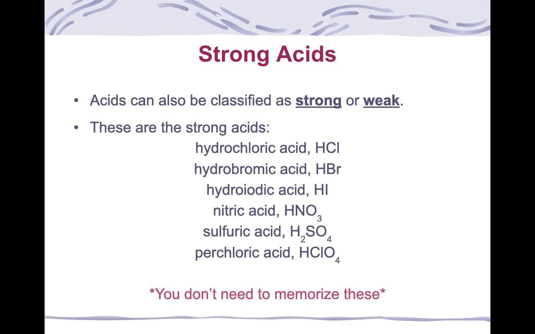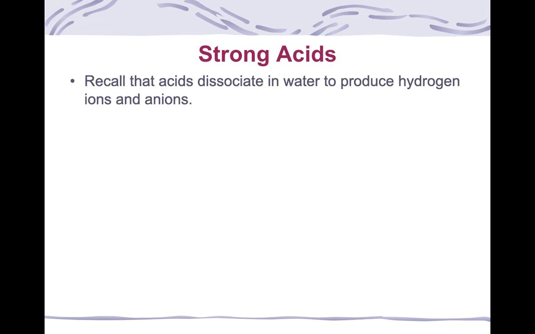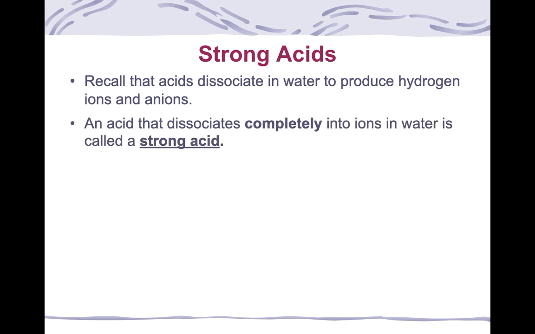So what makes an acid strong? We've just been talking about the fact that an acid can dissociate in water and it produces hydrogen ions and anions. So a strong acid is one that dissociates completely into ions.